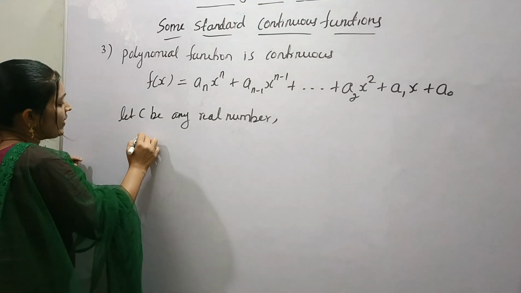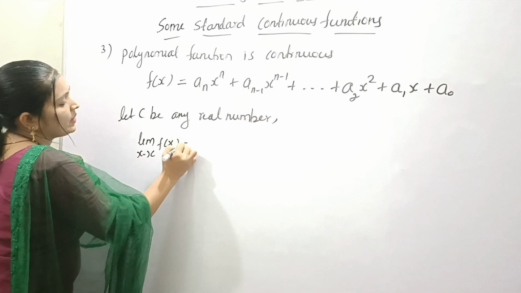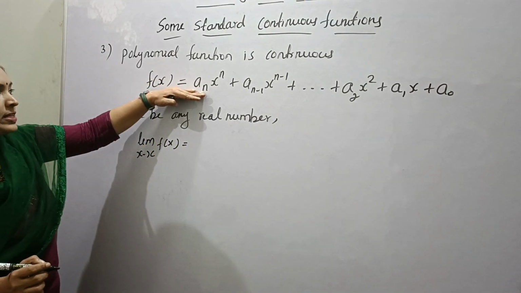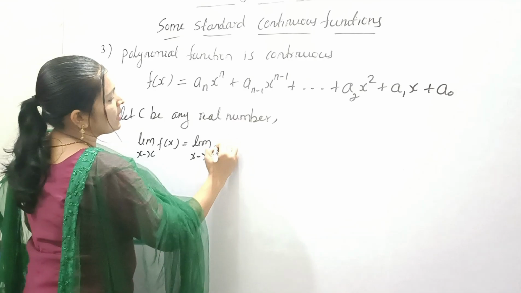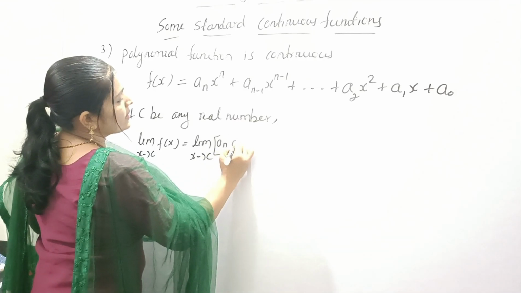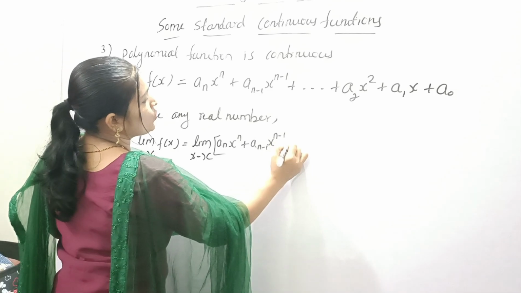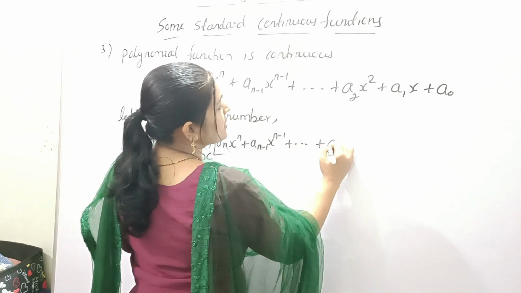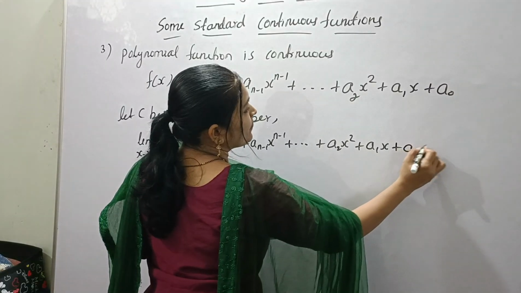So what is limit x tends to c, f of x? That is limit x tends to c of a_n x raised to n plus a_(n-1) x raised to n minus 1 plus etc. plus a2 x square plus a1 x plus a0.